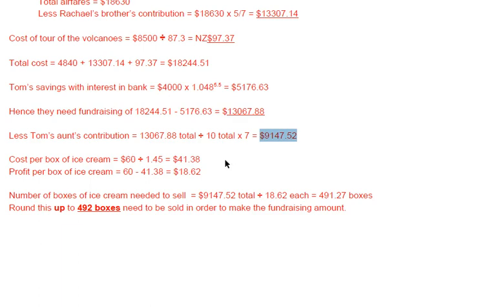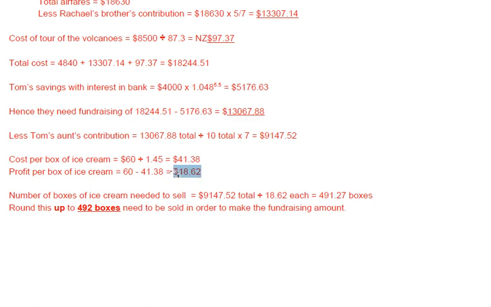Profit per box of ice cream is, oh okay, yes, we're just working out the profit per box of ice cream is this one minus this one. So we needed to work out the profit, which is at 45%. Okay, so $18.62 is how much profit that you're going to make per box of ice cream.